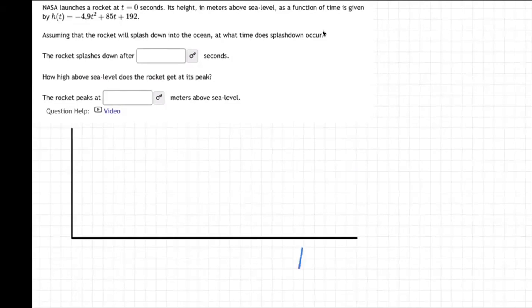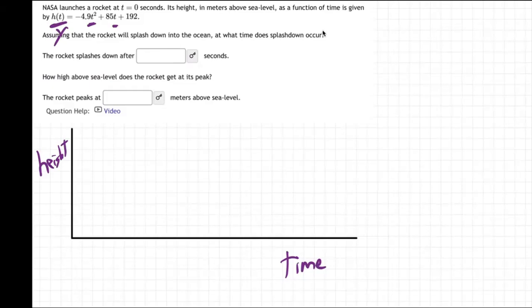This is time, and we're wanting to find out, and this is the height, right? Because h is like our y, it goes on the y-axis, and time is our x.